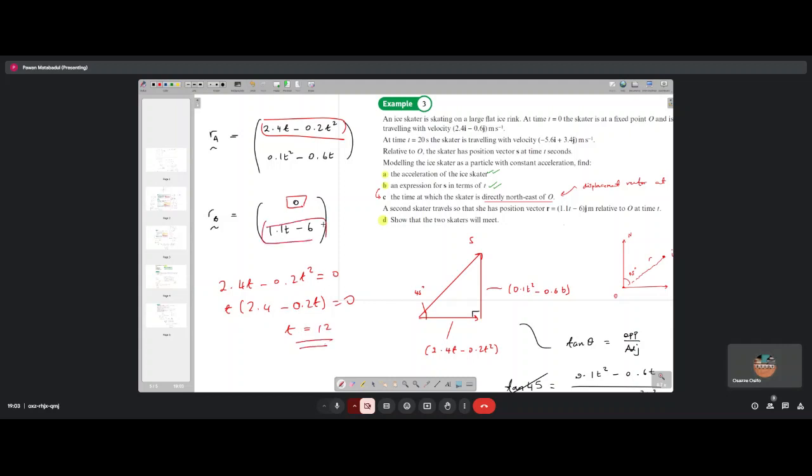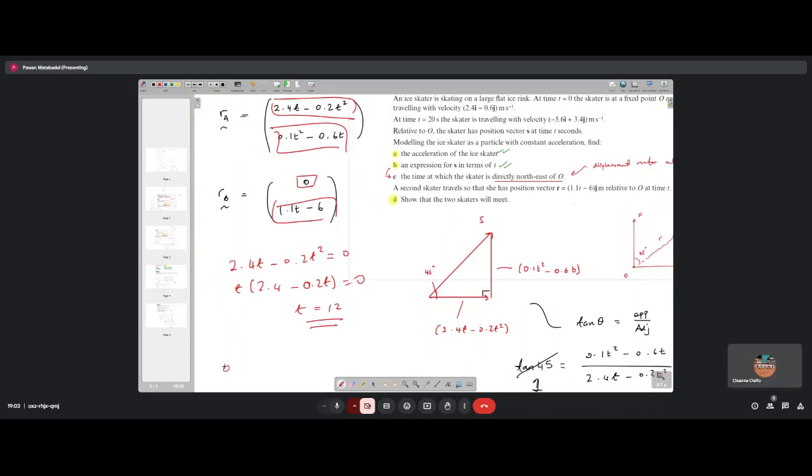And then if you were to do the same thing here, with 0.1t squared, what would end up happening? You should also get the same answer, basically. You should get 12 as well.